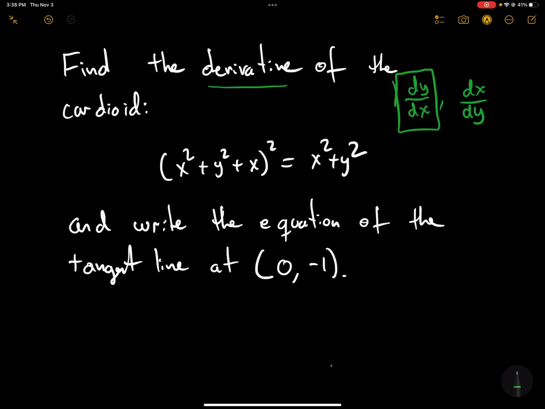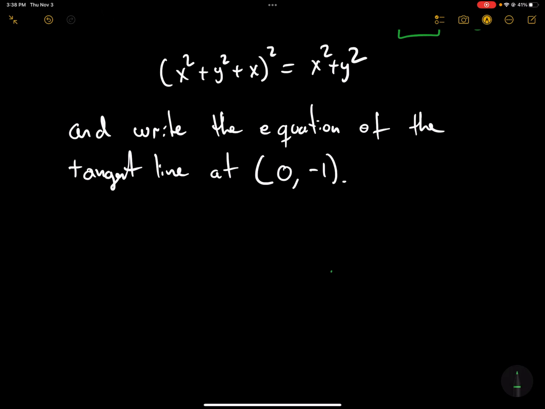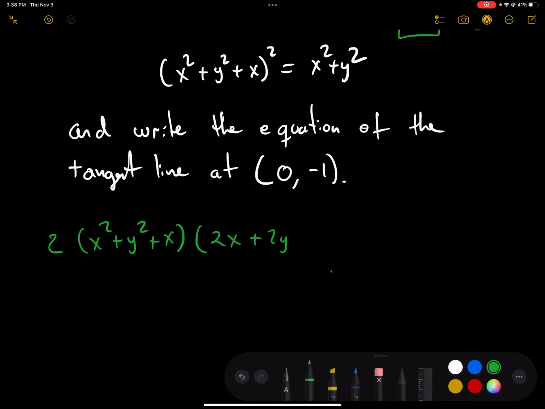So the first thing I want to do is take the derivative of this expression, meaning I want to do dy over dx using the chain rule. If we start doing this, I will get on the left-hand side 2(x squared plus y squared plus x) times the derivative of the inside, and this will give me our dy over dx.